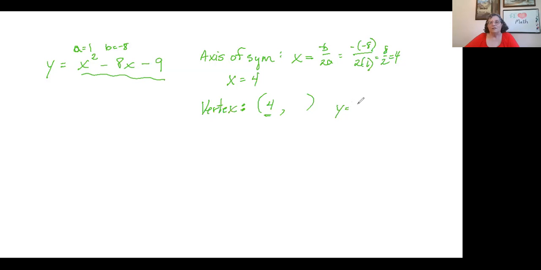So our y value is going to be 4 squared minus 8 times 4 minus 9. So 16 minus 32 minus 9. 16 minus 41, which is going to be a negative 25. Is that right? So here's our vertex.